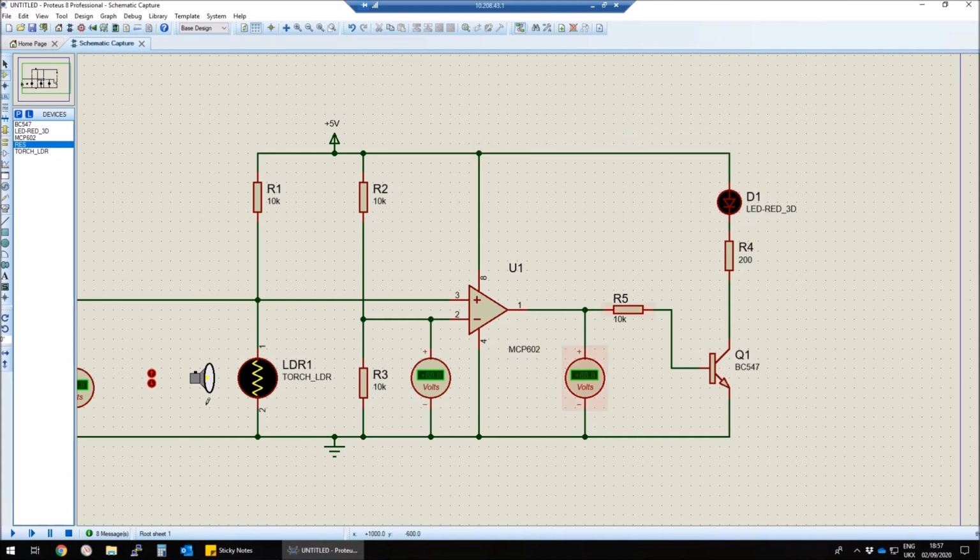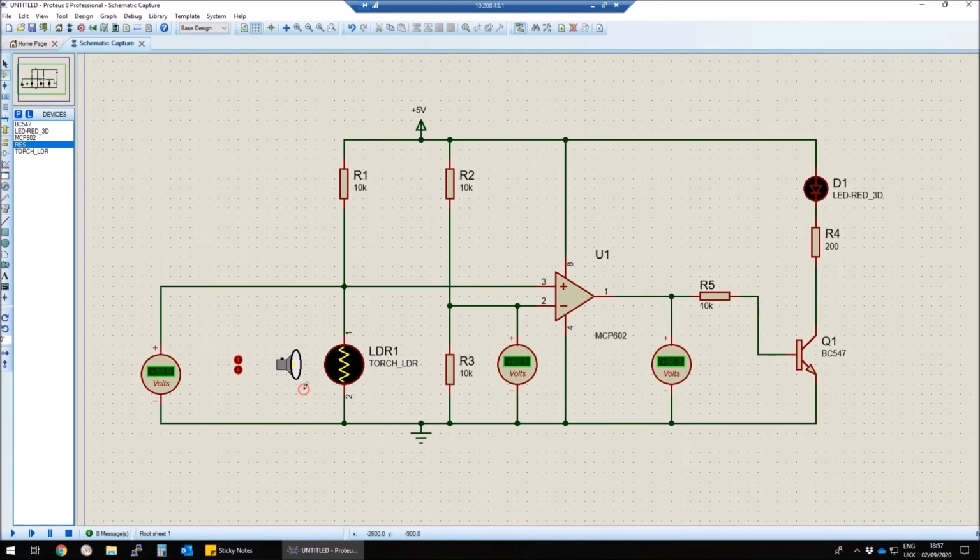The transistor behaves like a switch, allowing a small current on the base to control a much higher current through the collector.